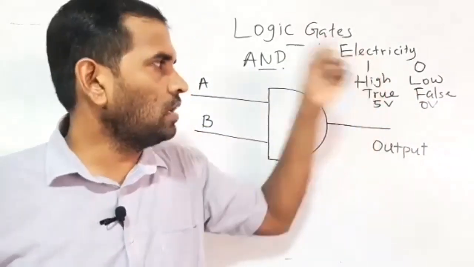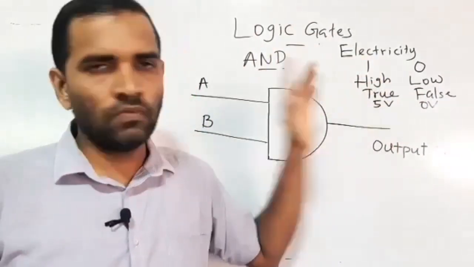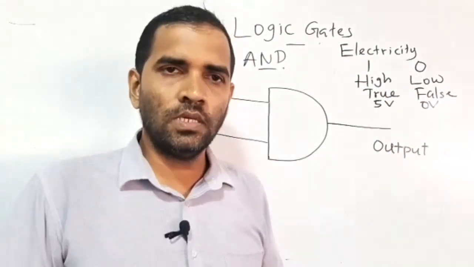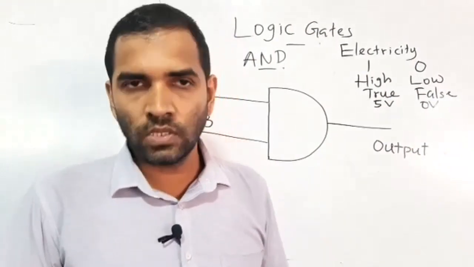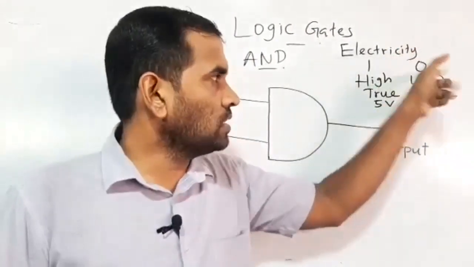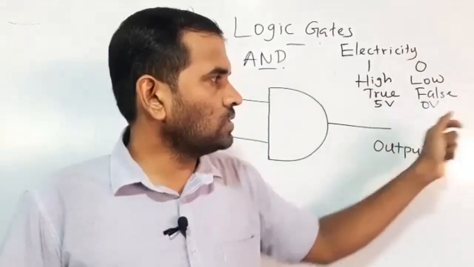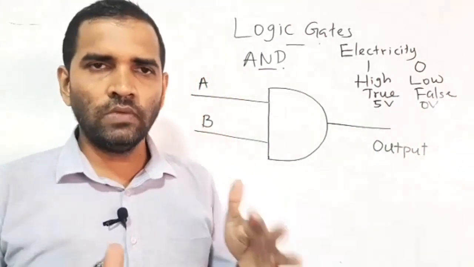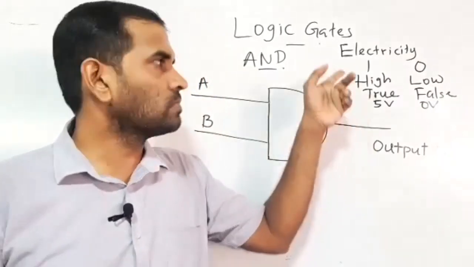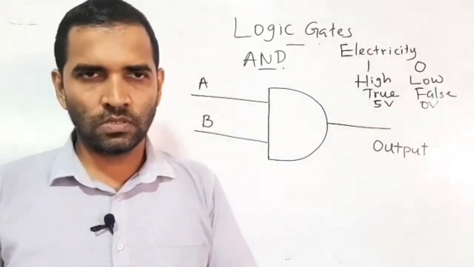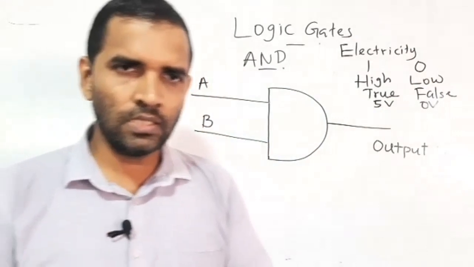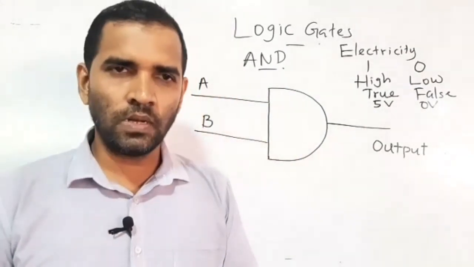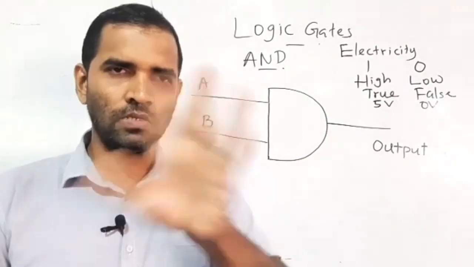So when a wire has electricity, there are many words which can be used to refer to that: 1, high, true, 5 voltage. If a wire doesn't have electricity, we also have words to refer to that: 0, low, false, 0 voltage. But mostly we will use ones and zeros. In logic gates, using ones and zeros is very simple, because it's only one digit, 1 or 0.